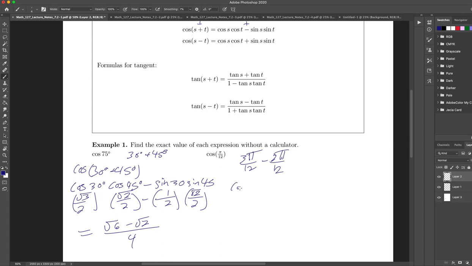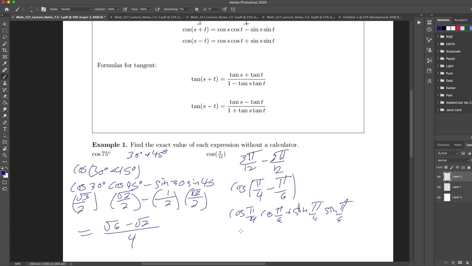Well, 3 pi over 12 is pi over 4, which we can do, minus pi over 6, which we can also do. And so here I'll have cosine of pi over 4 cosine of pi over 6, plus, since it's minus here, it'll be plus here, sine of pi over 4 sine of pi over 6.